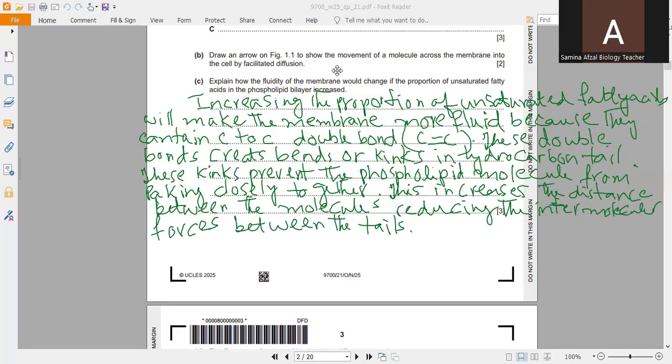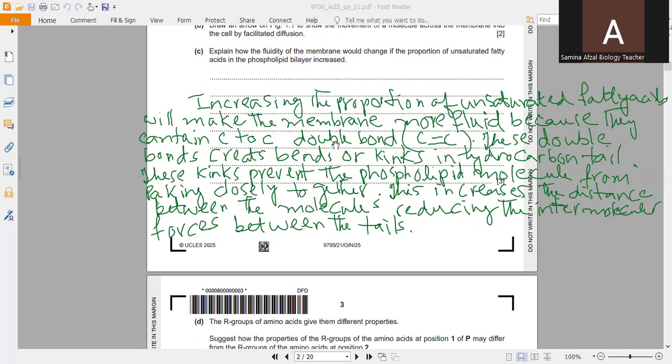Now, you know the saturated fatty acids have single bonds.